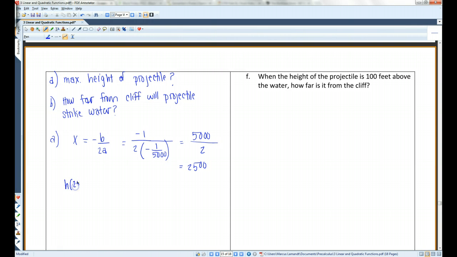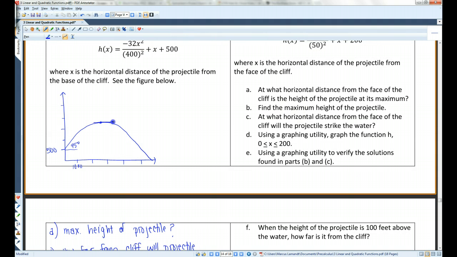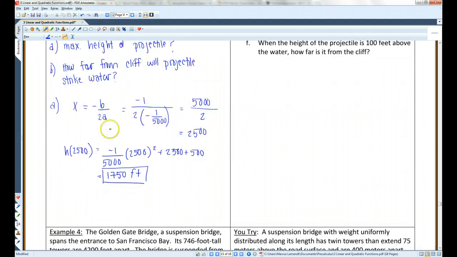So h of 2,500 should give you 1,750 feet. So, this was my x value, and when you plug it in, you get your y value, which is your height.